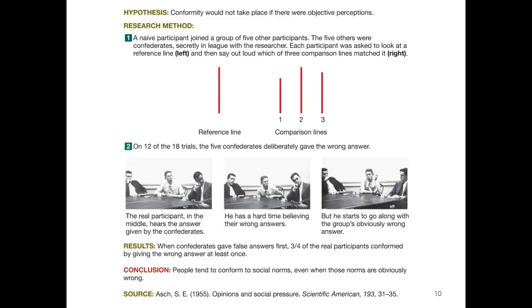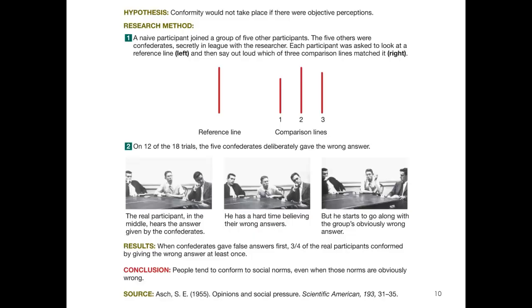And the actual subject does not know that they're confederates. They think that those other subjects are actually subjects. When each subject went in and joined that group, they would join 5 confederates. But again, only 1 subject. But it looked like there were 6 total, including this subject.